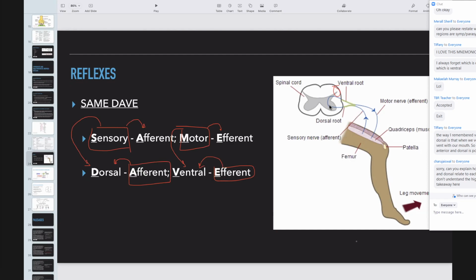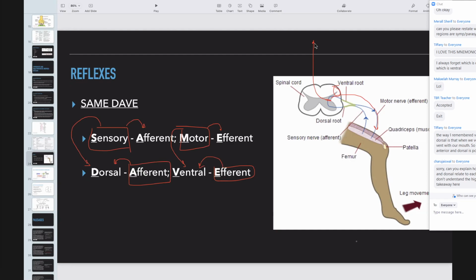So same Dave. Sensory are all afferent, all motor are efferent. Also, what good would it be to send a motor signal to the brain? The brain can't move. It's not going to want any signal like that. And so the synapse between these two exists right here inside the spinal cord. That's where you're going to get some processing. So there will be another nerve that sends it to the brain.